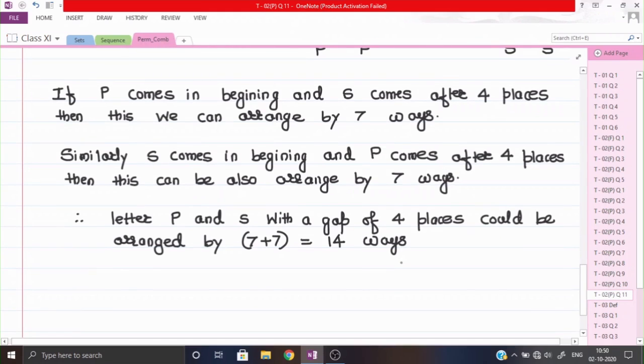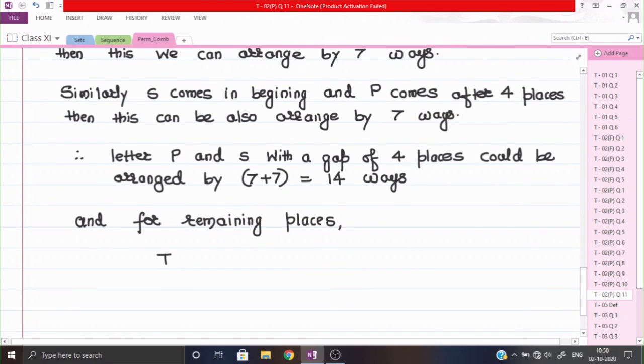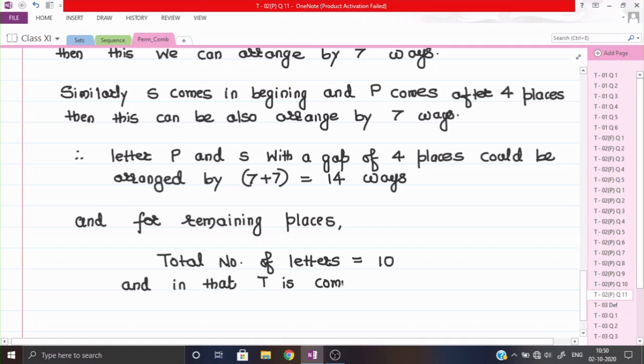So we can say that for the remaining places, the total number of letters remaining here is 10, and in that again T is coming 2 times. So T is coming here 2 times.